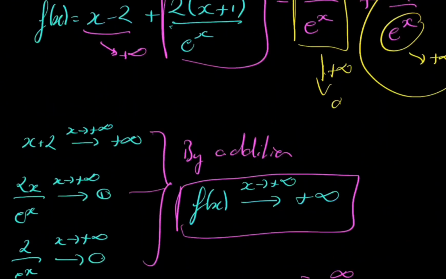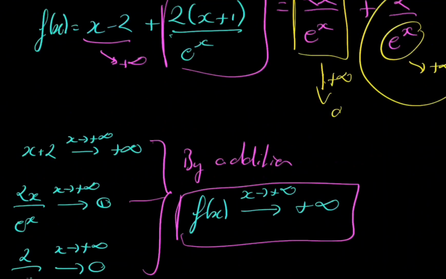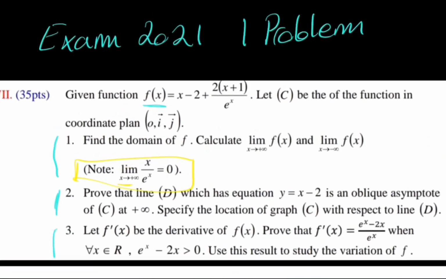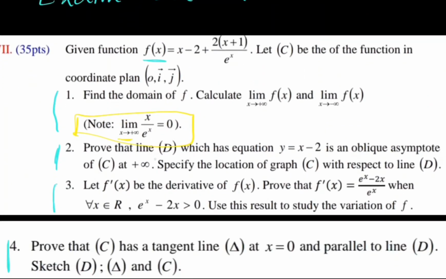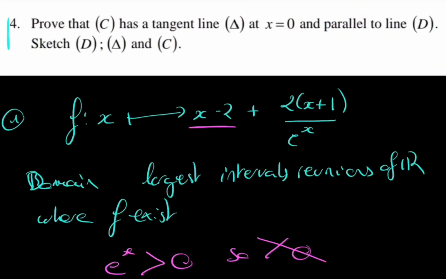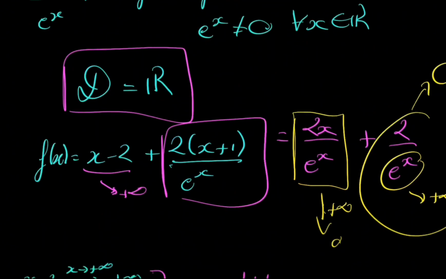So, now that we have the definition of the function, the domain of definition of the function, and the two limits, let's start with the second question: proving that line D, which has the following equation, is an oblique asymptote of C in plus infinity, and specify the location between the two.